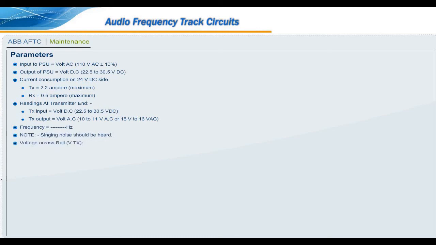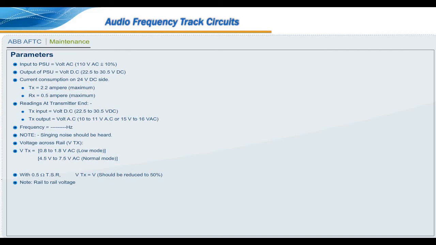Voltage across rail, Vtx, equal to 0.8 to 1.8 volt AC for low mode, 4.5 to 7.5 volt AC for normal mode. With 0.5 ohm TSR, Vtx should be reduced to 50%.